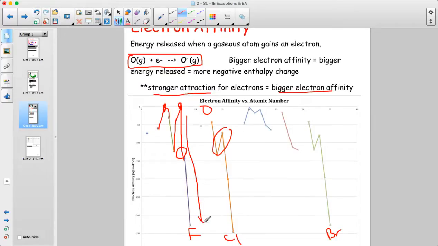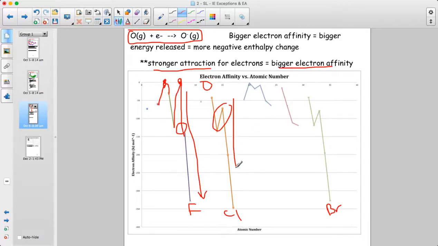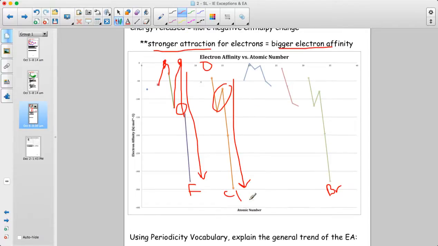And so that will increase in magnitude up to the halogens, group 17. And the noble gases don't have these values because you can't force a noble gas to take on an extra electron, because it would have to go to a new principal energy level, and it wouldn't be attracted enough to do that.